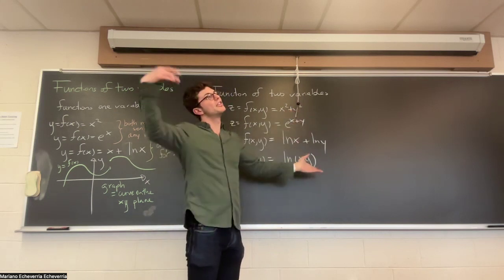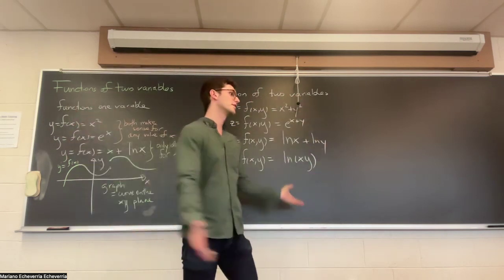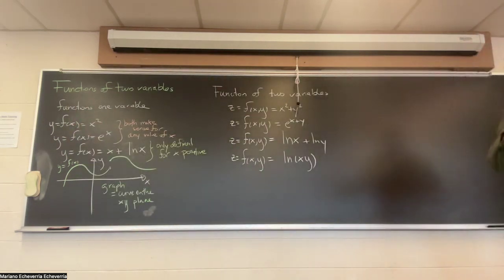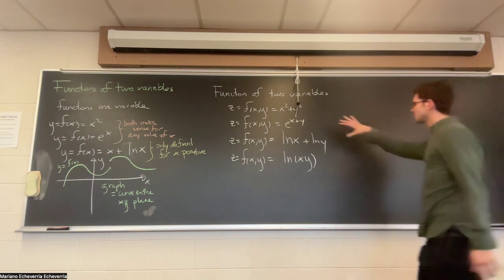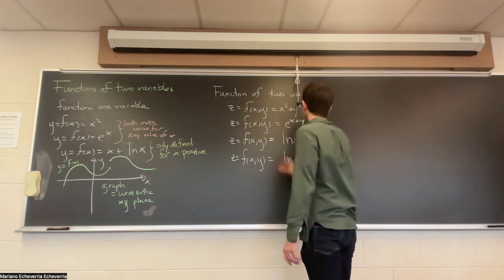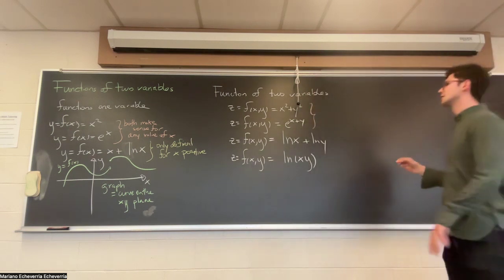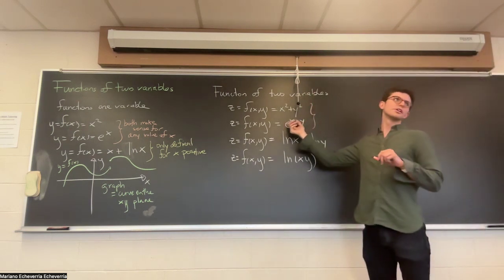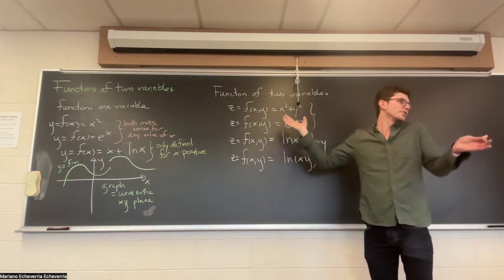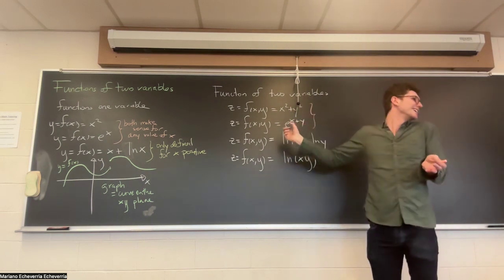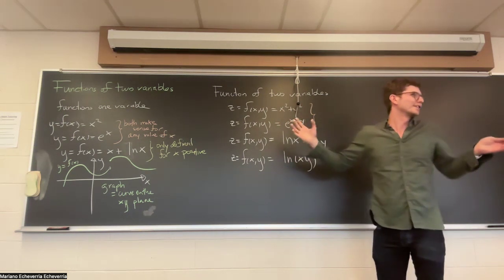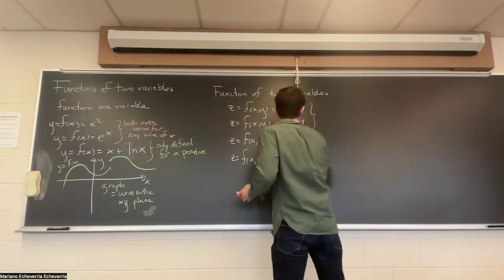So you could do -1 squared plus 3 squared, or square root of 2 squared plus pi squared. So these will be defined for any values of x and y, and the same happens for the exponential. If you take two numbers and add them, you can take the exponential of that number. In fact, it just ends up being e to the x times e to the y, because of the formulas of the exponential.